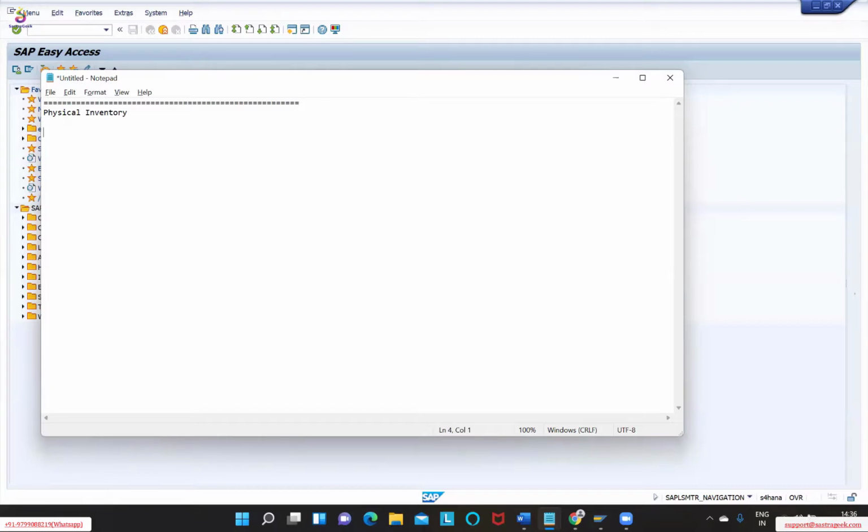Now, when we are talking about this particular physical inventory, it is nothing but counting, whatever we have in place, whether you go for an embedded EWM or a decentralized one, it doesn't matter.